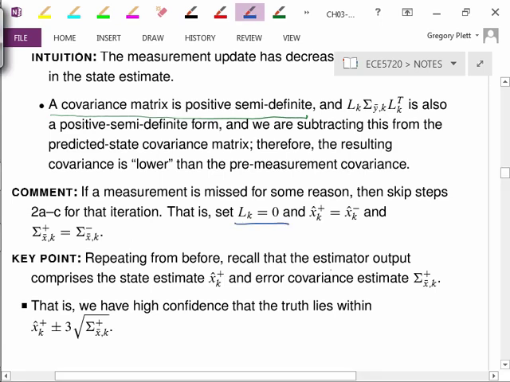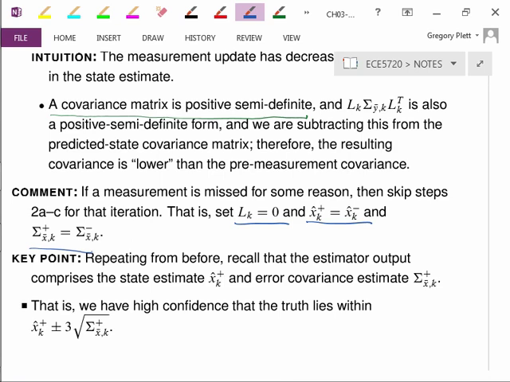So we set L to 0, we set x hat plus to x hat minus, and we set the sigma x tilde plus to sigma x tilde minus. That's very convenient because there are places where we can determine that there are in fact skipped measurements or bad measurements, and this allows us a very robust solution to deal with that.